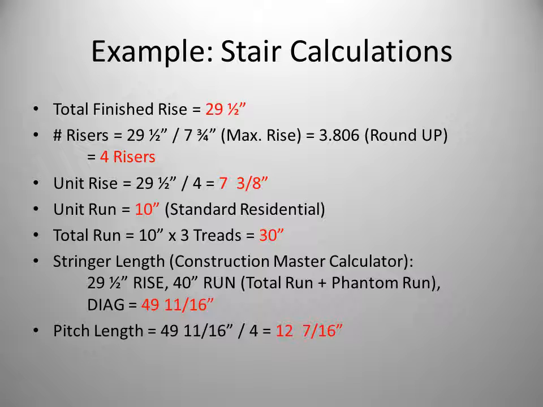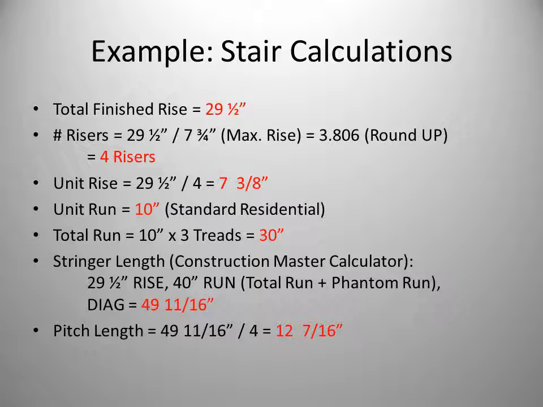For the stringer length, we will use our Construction Master calculator, and we will enter the following: 29 1/2 inch rise, 40-inch run. We add the additional 10 inches of the phantom run to our total run to calculate our stringer length, and then hit the diagonal button.